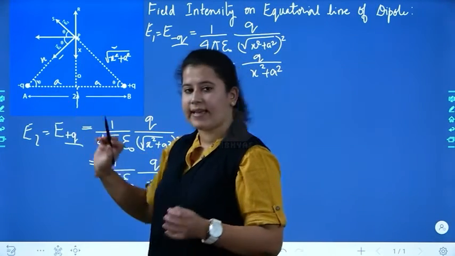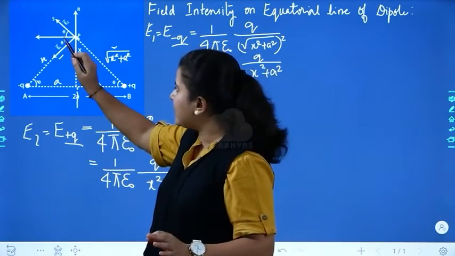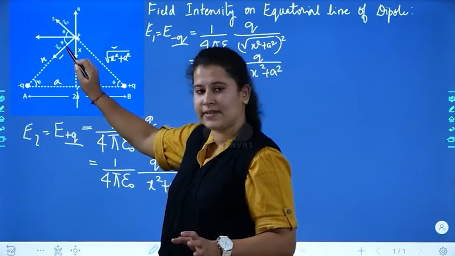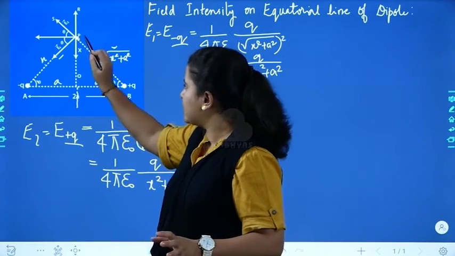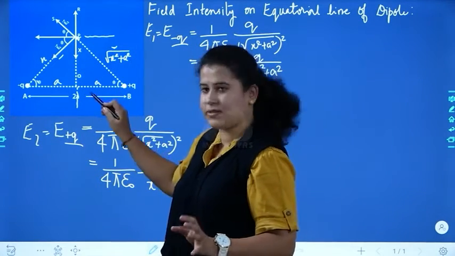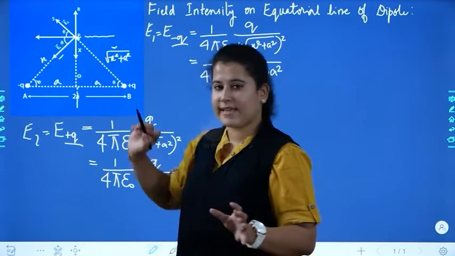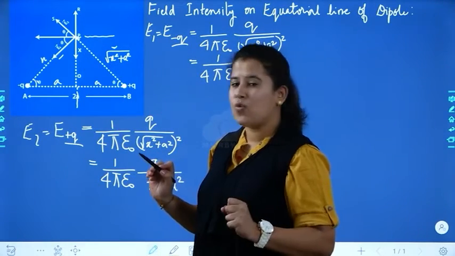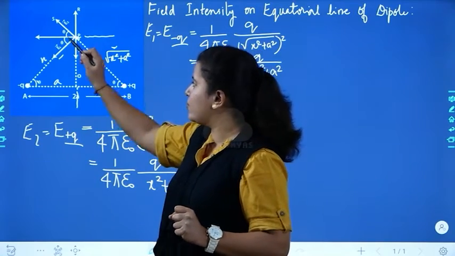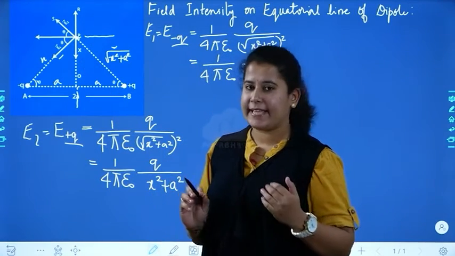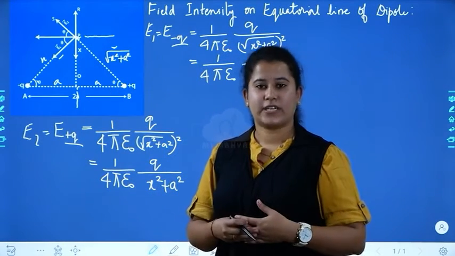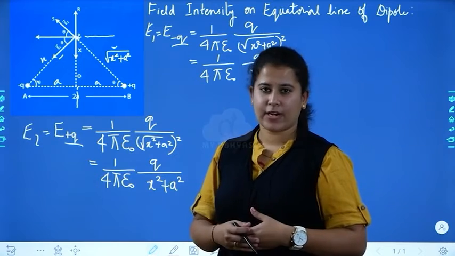Here I'll take the angle as theta, then the alternate angle will be theta here. If I take this line parallel to this, and another one is here with theta, then the corresponding angle will be theta. So now I have to resolve E2 and E1 using the vector law, and find out the resultant.